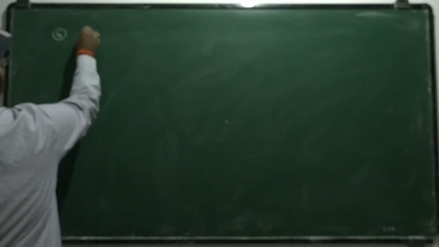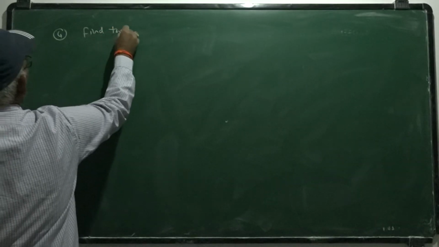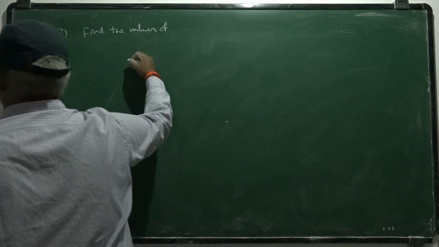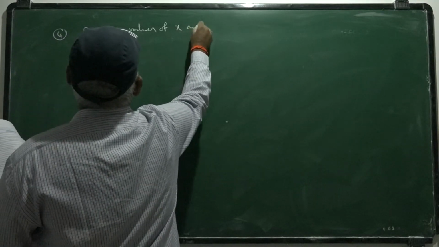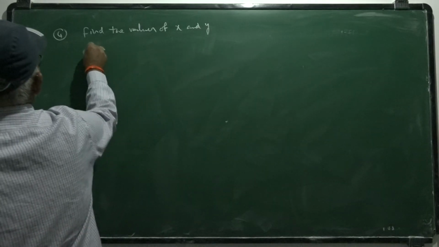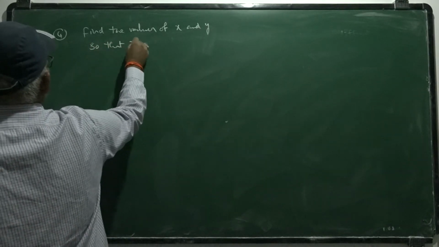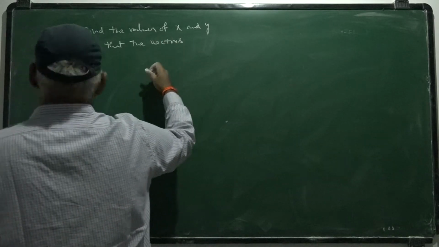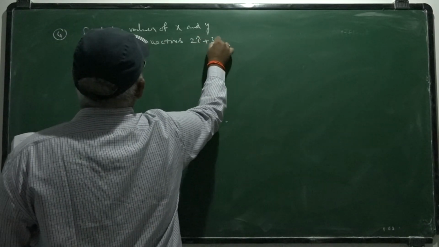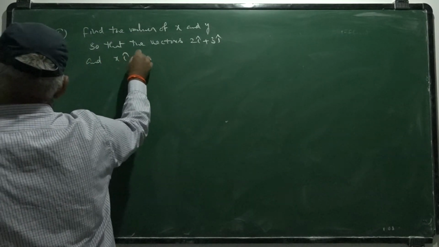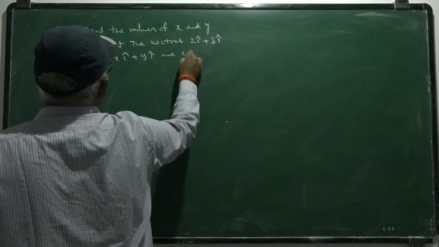Fourth one, find the values of x and y so that the vectors 2i plus 3j and xi plus yj are equal.